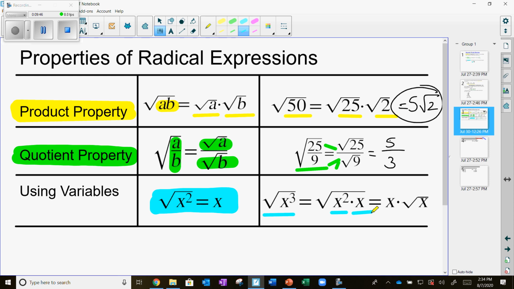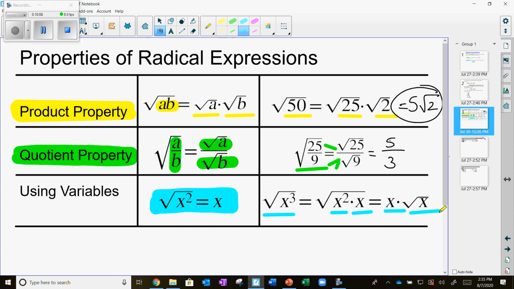Then we could use the product property and say that that's the square root of x squared times the square root of x. But what is the square root of x squared? x. What's left over? Root x. So the square root of x cubed expressed in its most simple form is just x times root x.